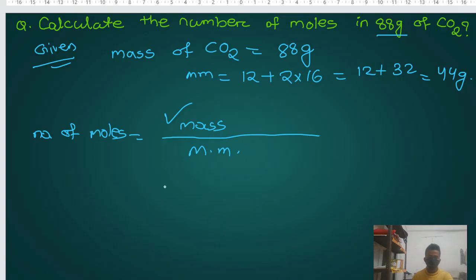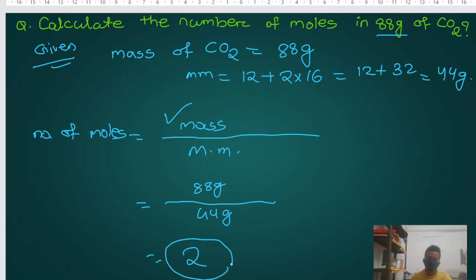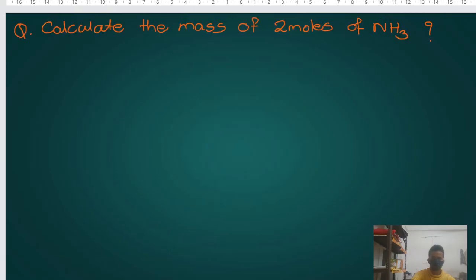So now put all the values. Mass of that molecule is 88 gram, molecular mass of that molecule is 44 gram, so we got 2. So the number of moles of carbon dioxide present in this compound is 2. Let's go to the next question.